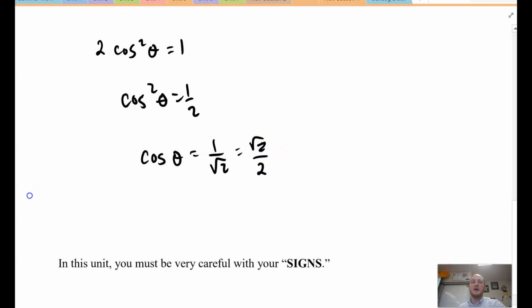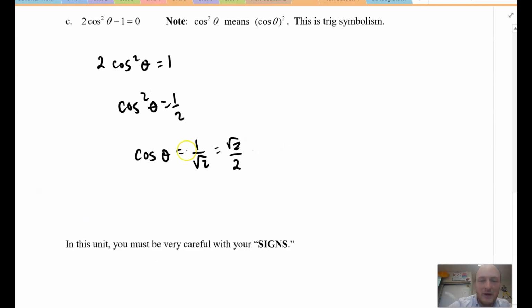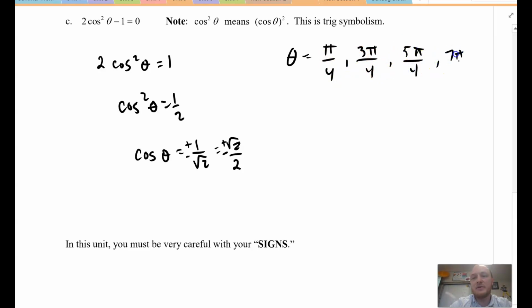Hopefully you know that root 2 over 2 is right off the bat a pi fourths angle, a 45-degree angle. Since it's positive and negative, that's going to be every single angle with that reference angle: pi fourths, 3 pi fourths, 5 pi fourths, and 7 pi fourths.